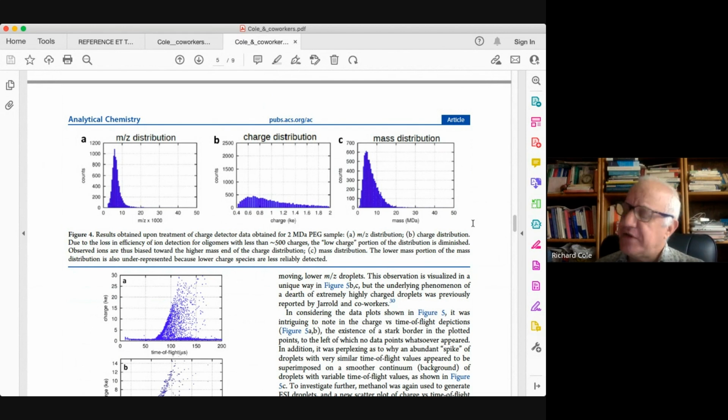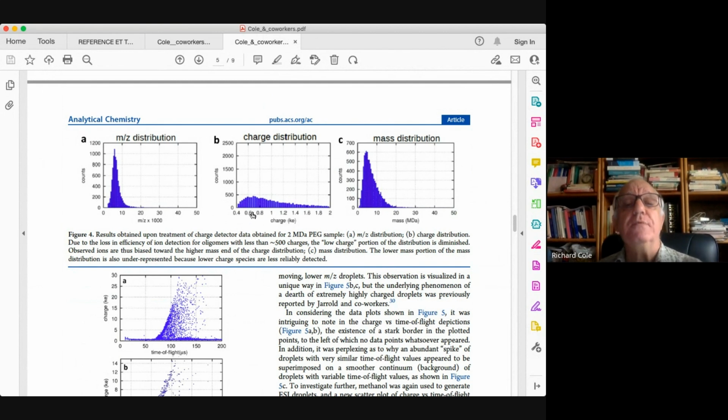But you remember that I mentioned to you earlier that we have difficulty measuring species that have less than 500 charges. If we take a look at the charge distribution of the different species that we detected, it's kind of peaking somewhere around 700 charges or so, roughly.